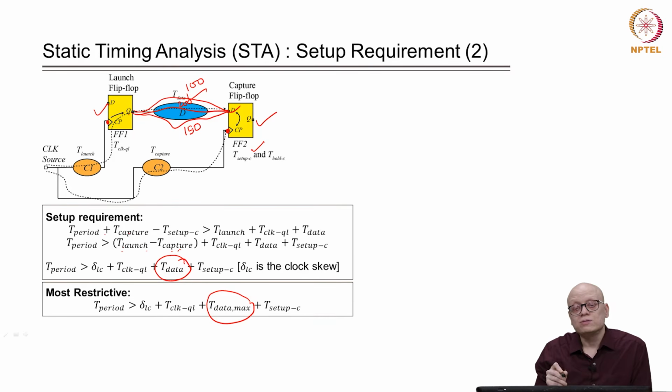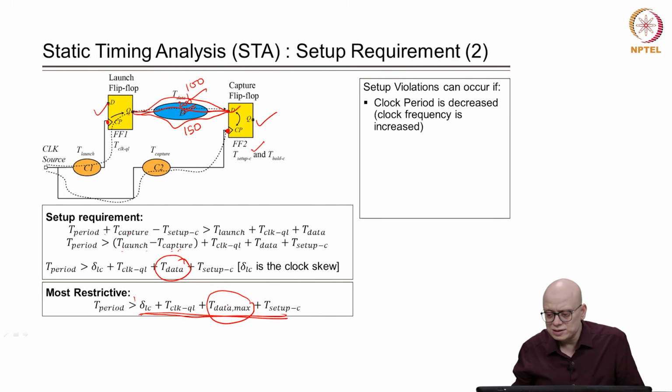Out of the various paths, we should pick the path which has the maximum delay of T 200. Why? Because if we take the maximum, then this constraint is most likely to fail. This is on the less than side, and if we take the maximum value, it is most likely to fail, and therefore we consider the maximum of all these values.